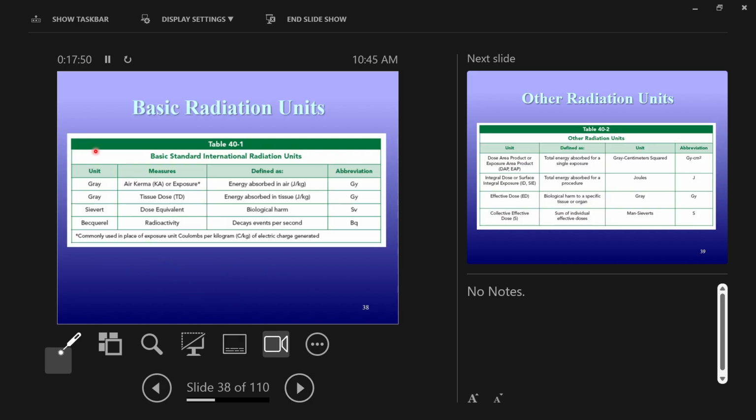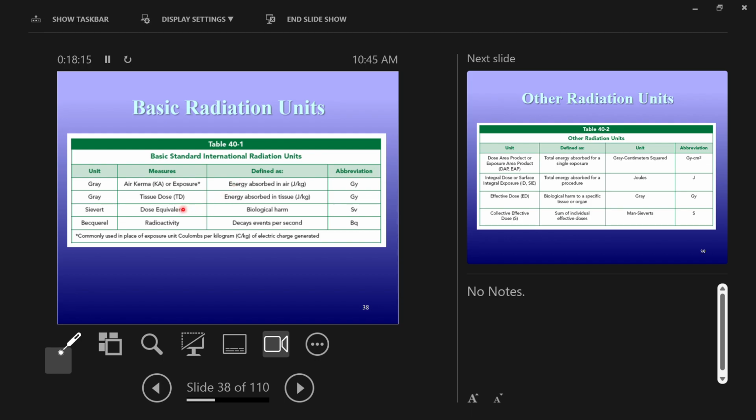So just a quick summarization table here, right? The gray, used for exposure and tissue dose or absorbed dose. The sievert, used for dose equivalent as well as effective dose. The gray for exposure can tell you energy absorbed in air. The gray for tissue can tell you energy absorbed in tissue.